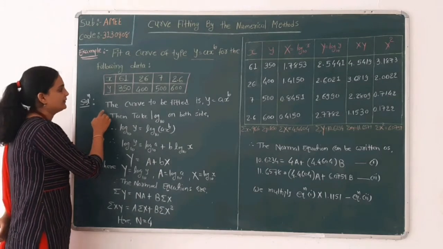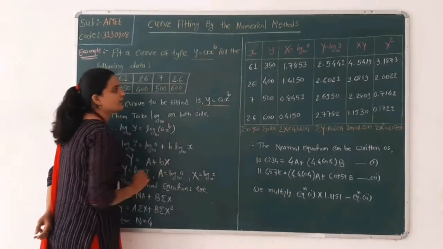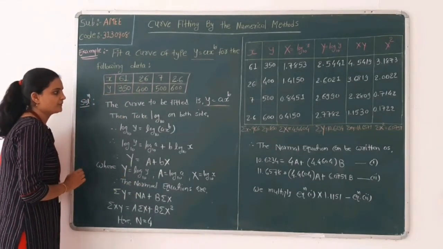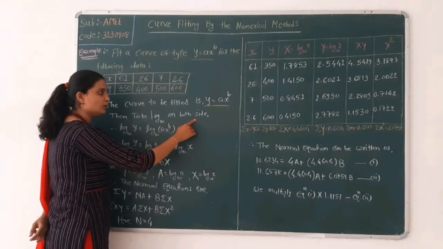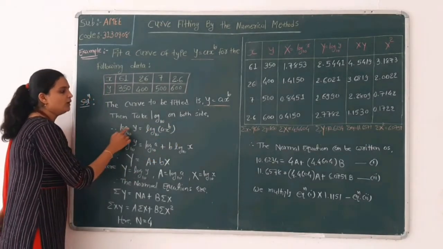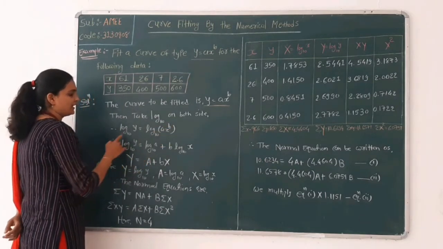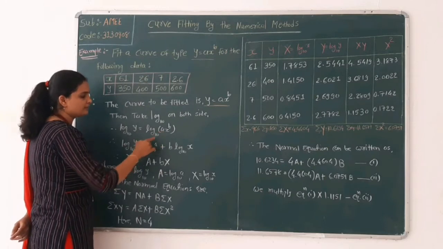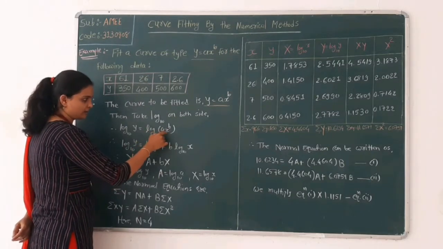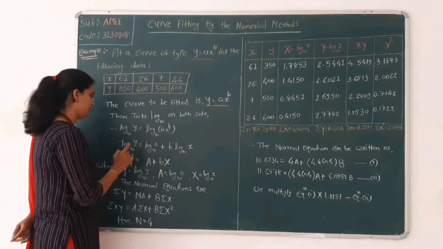Solving this, we have the curve to be fitted, y equals a x raised to b. Then we take log to the base 10 on both sides. So we have log y equals log a x raised to b, and by the law of logarithm, log a into x raised to b is log a plus b log x.